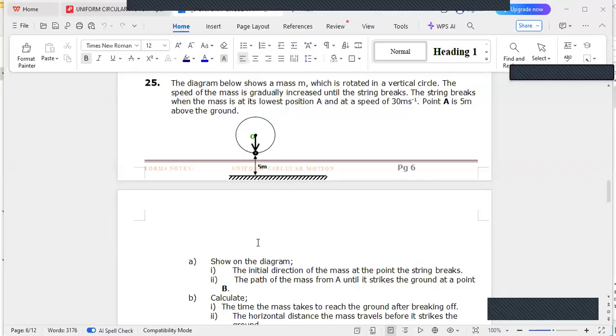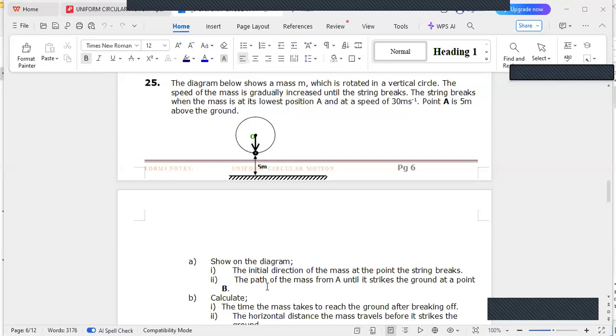So you will draw a tangent here, a straight line, either pointing to the right with an arrow or to the left with an arrow. That's the direction followed by the mass. So either to the right or to the left, a tangent.